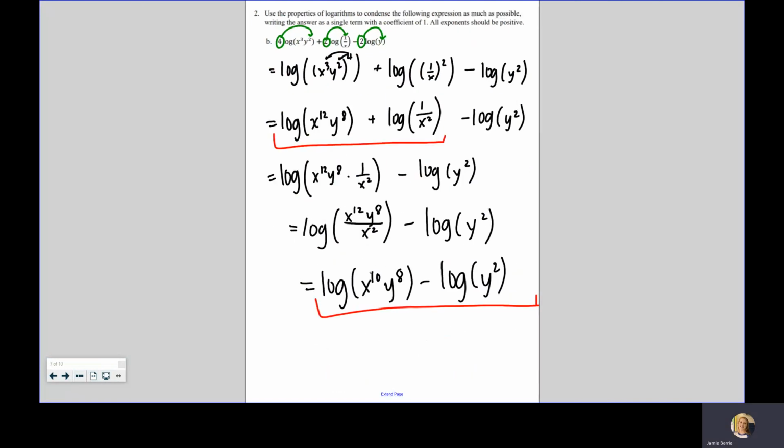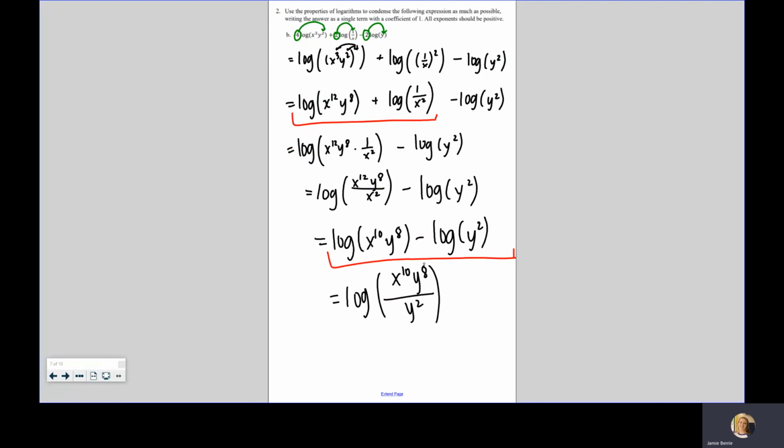So the first argument is going to become our numerator and the second argument becomes our denominator. So we have log of, numerator is x to the 10th, y to the 8th, denominator is y squared.